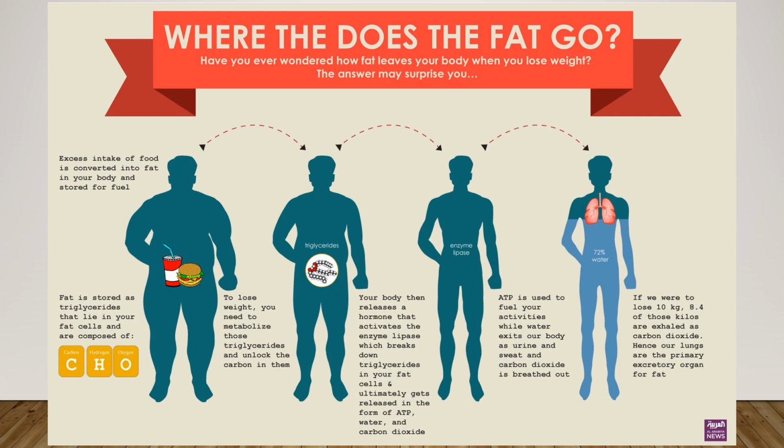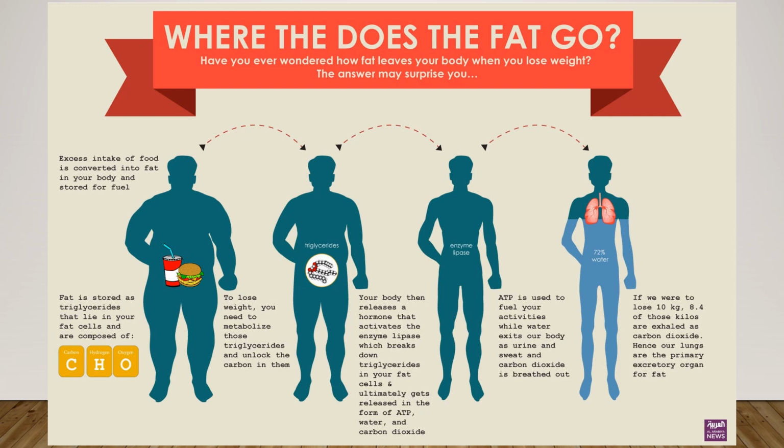Three things happening. First is ATP. Now ATP is nothing but a fuel for activity. So when you work out, you're using your fuel, which is ATP. Then water: when your fat is converted, some amount of fat is converted into water, and this water goes out of your body in the form of sweat and urine.